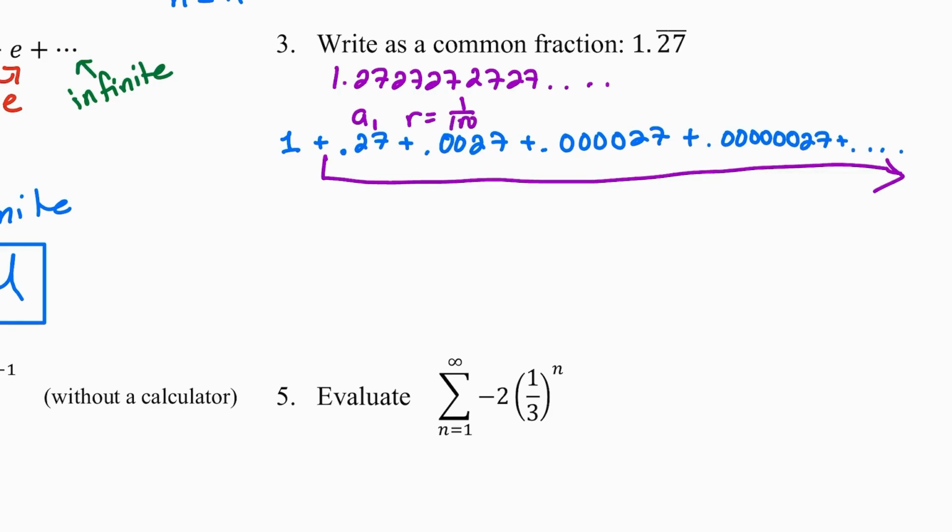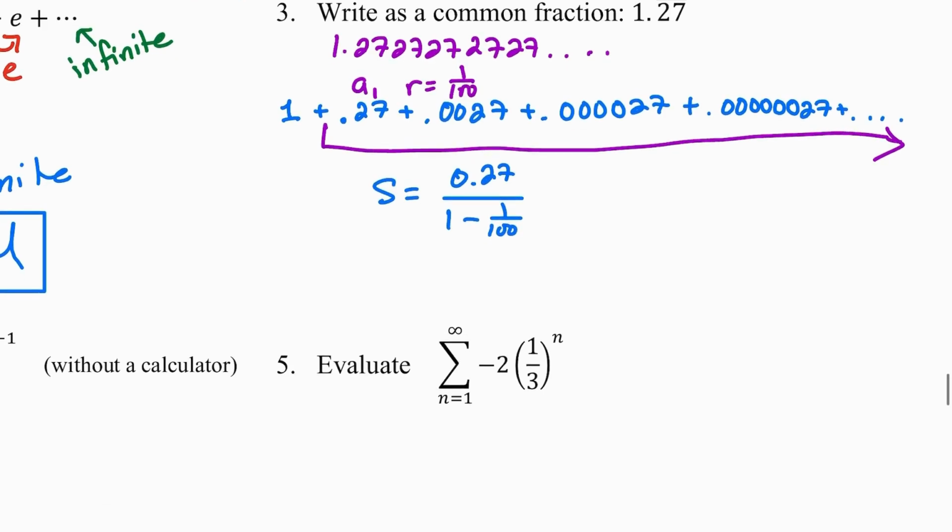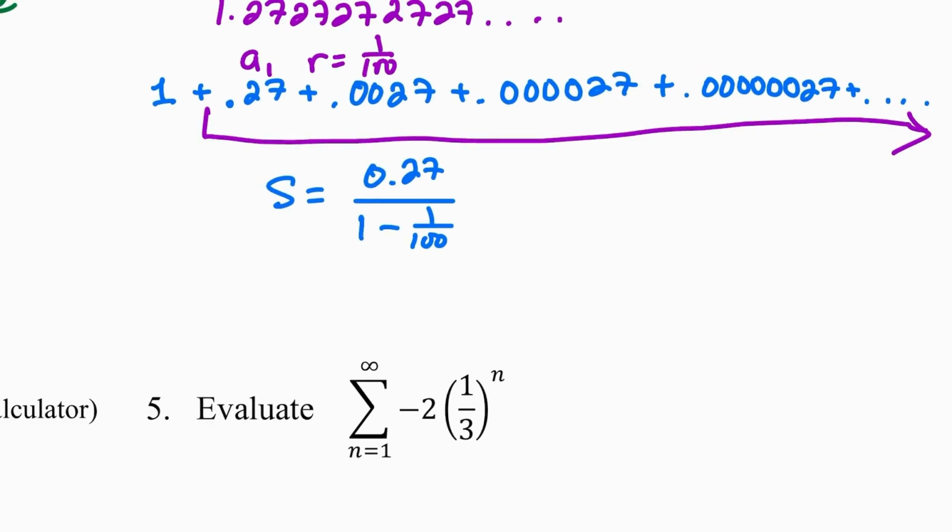So if I were to find the geometric sum of that, I would have the first term, 0.27. And yes, the absolute value of our ratio is between 0 and 1, so the sum does exist. So 1 minus r, which is 1/100ths. And then we try to simplify this. Well, 0.27, properly said, is 27/100ths.